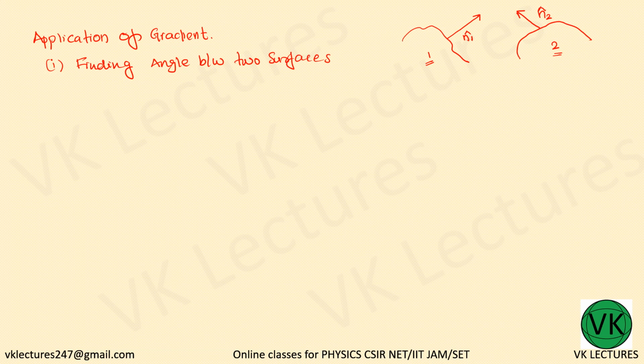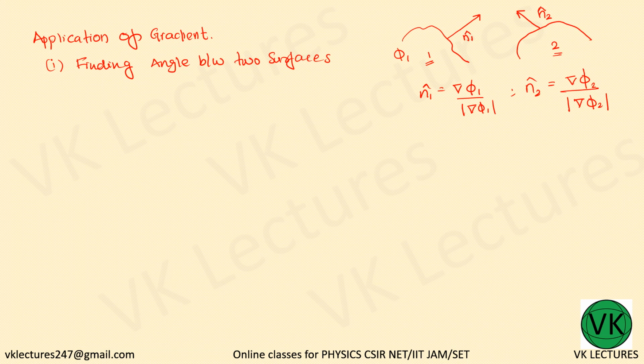Okay, so n1 cap is equal to del phi 1, let phi 1 be surface 1, by magnitude of del phi 1, and n2 cap is equal to del phi 2 by the magnitude of del phi 2. So n1 cap and n2 cap are ready. So you need to find out the angle between them.